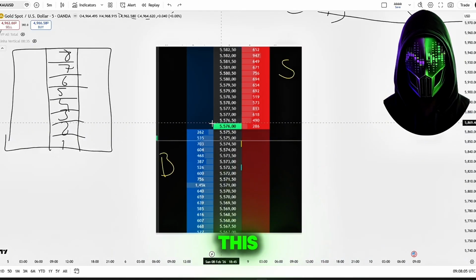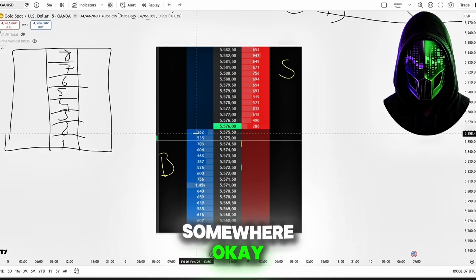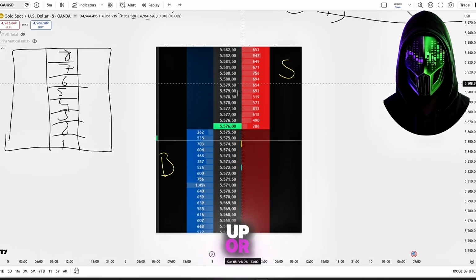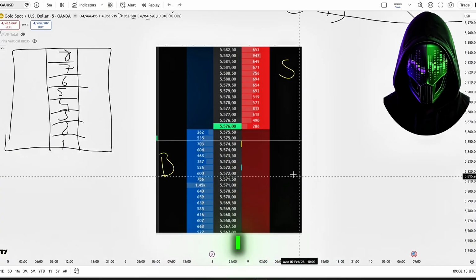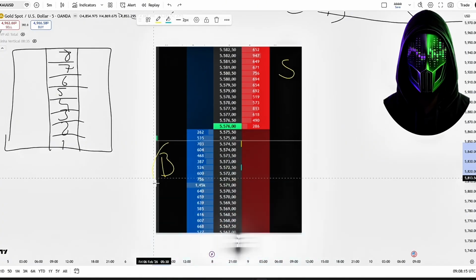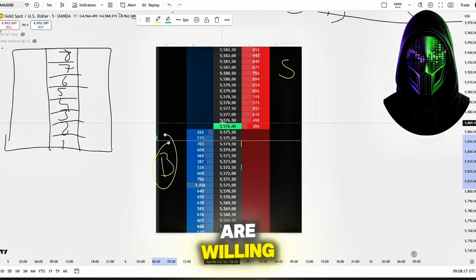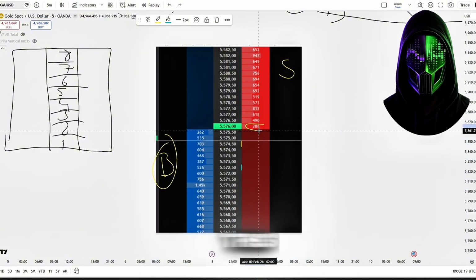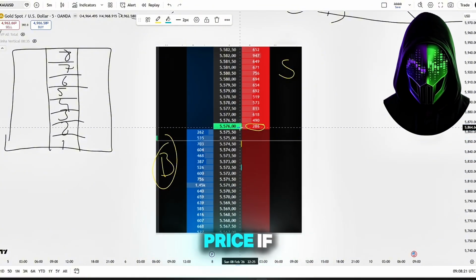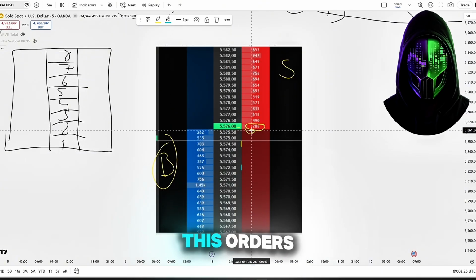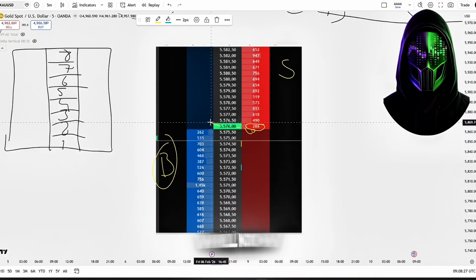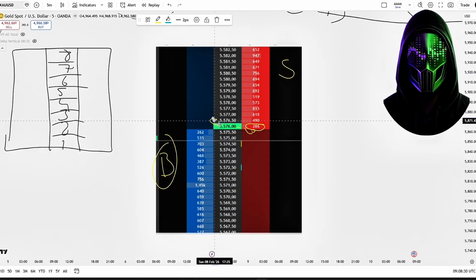In order for this price to move from somewhere, up or down, we need aggression. And by aggression, I mean I need these guys right here, the buyers, to be willing to pay for these orders right here at this price. If these buyers consume all of these orders, the price will now come to this level right here.